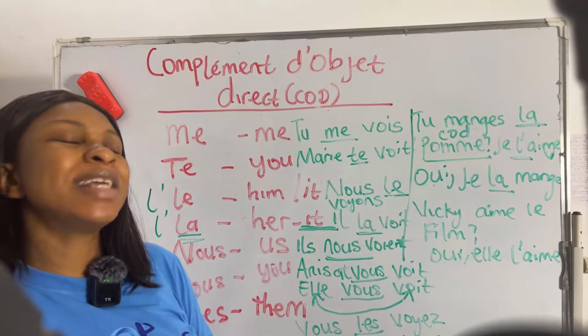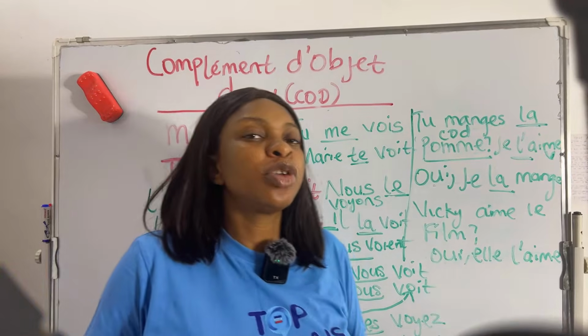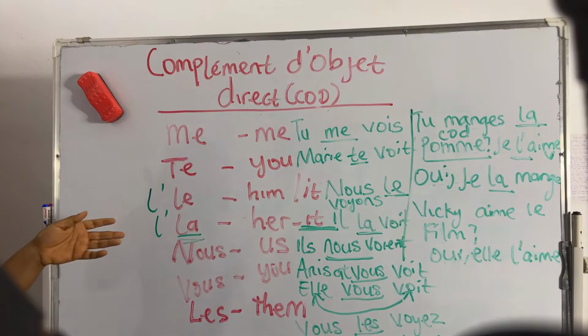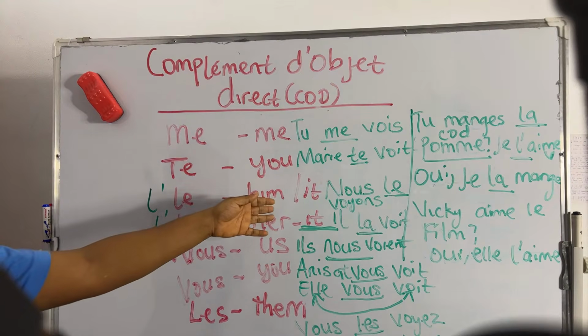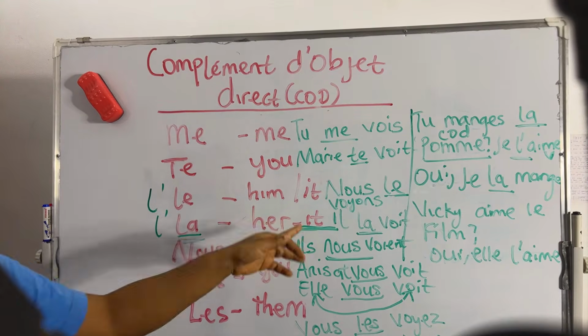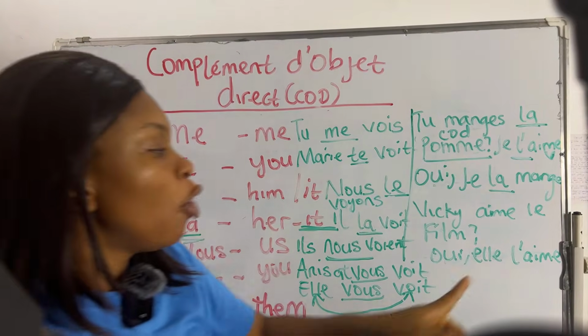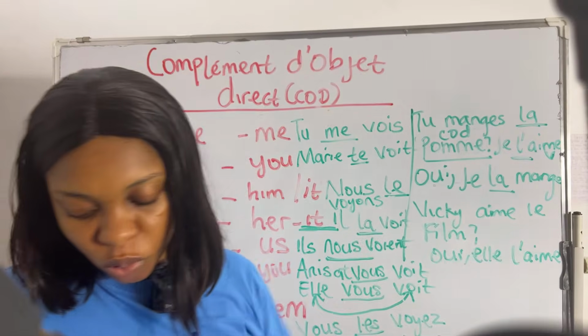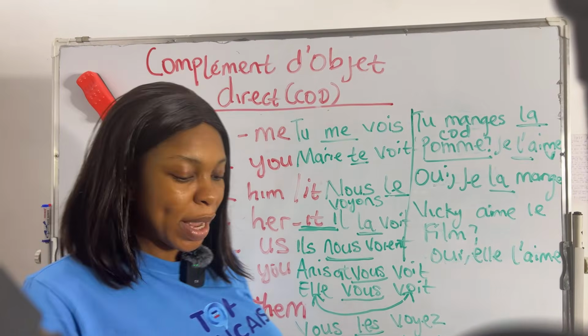Okay, so that explains why L apostrophe can also mean it. I wrote it here. L apostrophe can also mean it for masculine and it for feminine, but when it comes before a verb that begins with a vowel.